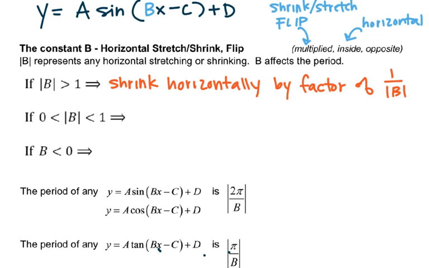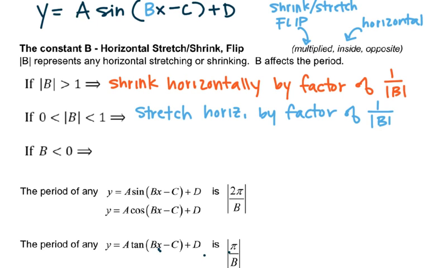And if it is fractional, between 0 and 1, that's going to cause it to stretch horizontally, again by a factor of 1 over that absolute value of b, because this is a fraction, and dividing by a fraction, copy, change, flip, you multiply by the reciprocal.